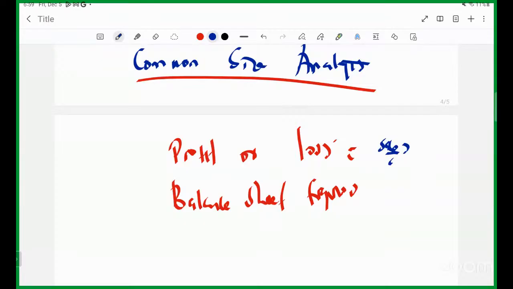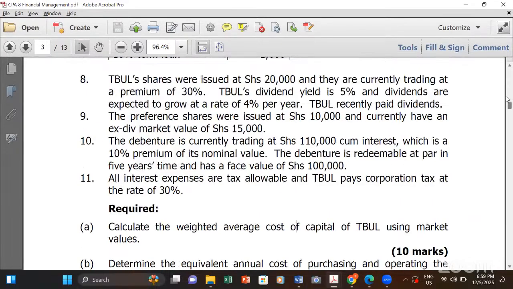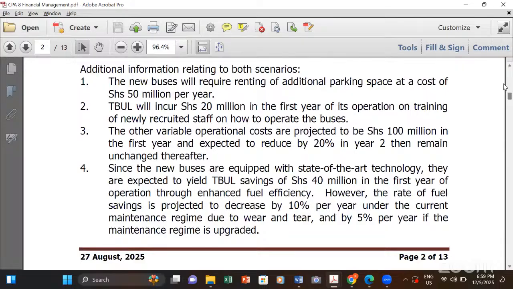Now, it takes us to the other way they can bring this ratio analysis number, which they brought last sitting, and I want you to open that paper. Open the paper of August 2025.